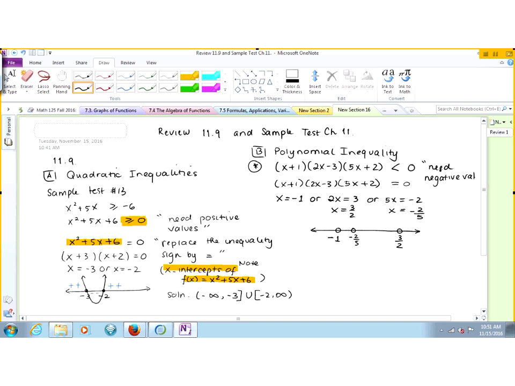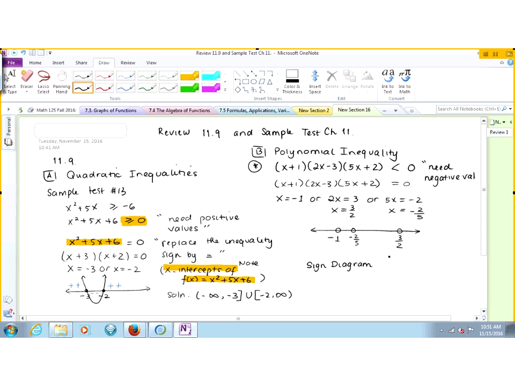In order to determine the sign, plus or minus, I need to do the sign diagram for this. Why? Because I cannot graph. If I knew the graph, I would just graph it. But look at this. This is not a parabola, right? This is a cubic polynomial. So not a parabola, and that's why I don't know how to graph. When you get to Math 260, you do, but right now you don't. So we will need what is called the sign diagram.